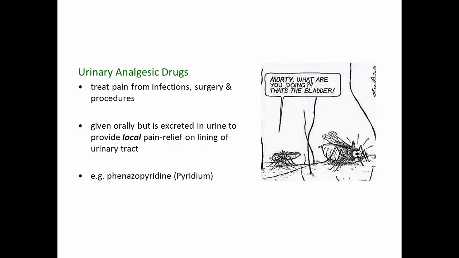These drugs are given orally, but they actually have a local effect. The drug is excreted in urine. So you take it orally, it ends up in urine, and when it's in urine, that's when it provides a local anesthetic or pain relief on the lining of the urinary tract.